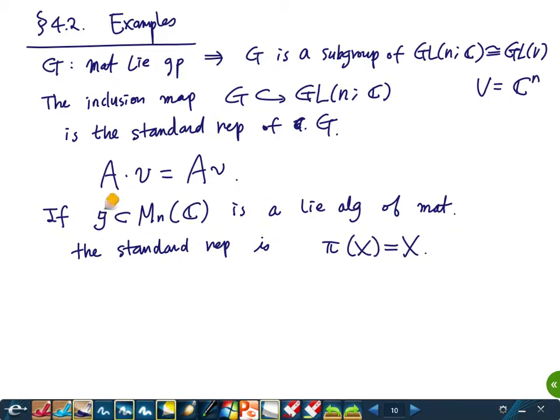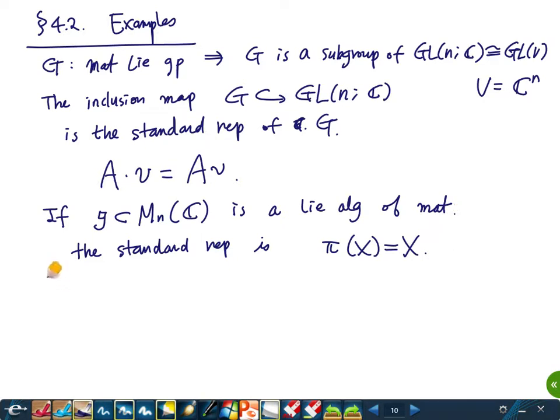This is already a matrix, so it acts on C to the n, so it's the same as before. Not very interesting. All right.